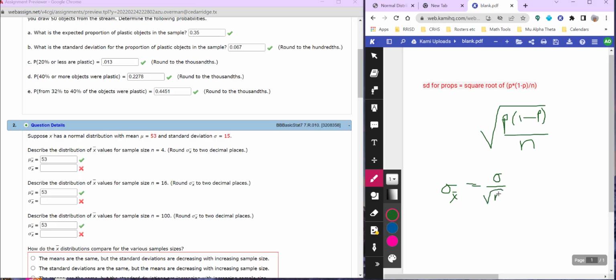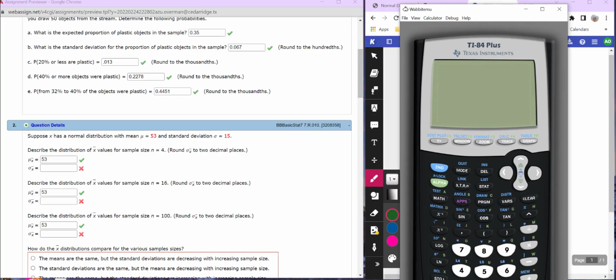Square root of 4 is pretty simple. It's 2, but I'll go ahead and use a calculator. So we have standard deviation is 15 divided by square root of 4. Enter. So 7.5 should be the correct answer here.